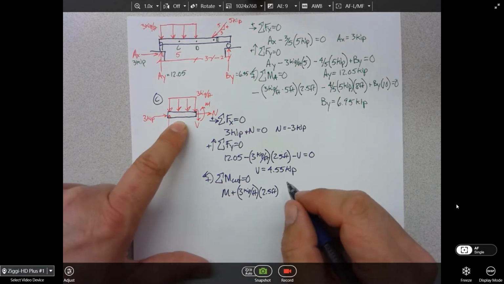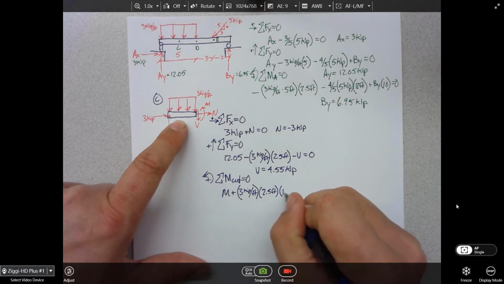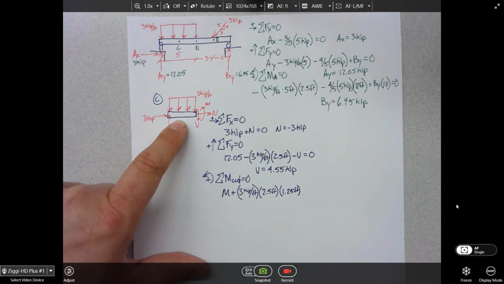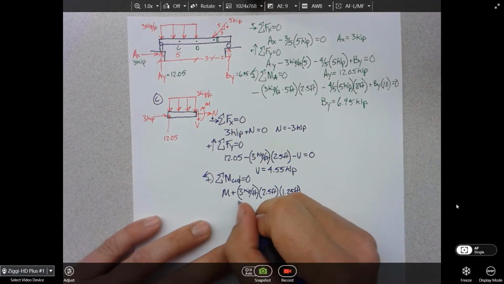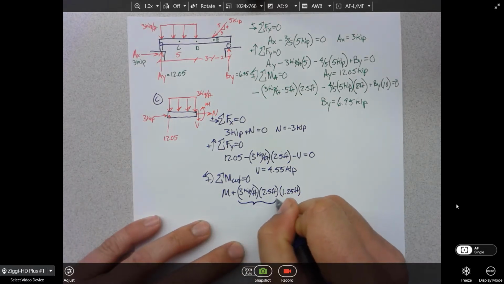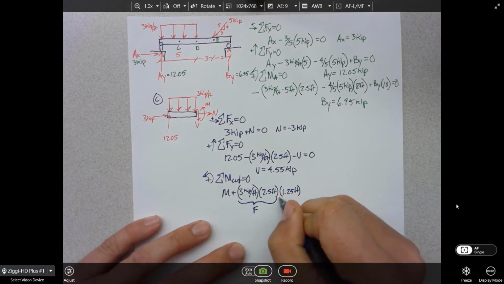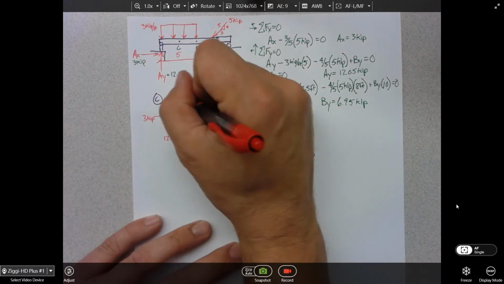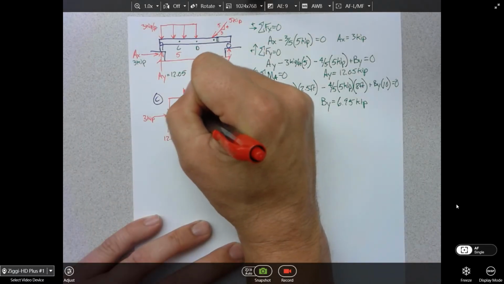And it acts half of 2.5 away, so 1.25 feet is the distance. Right, so this is the force. This is the distance. Right? Because I'd have just one force acting here.